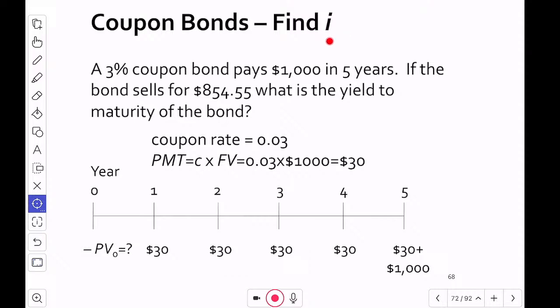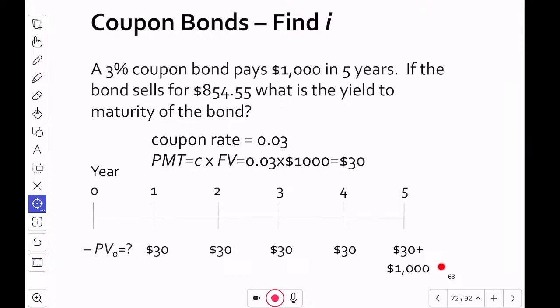Why do we want that? Well, if we're a prospective investor, we want to see what the yield is because we have a sense of what we want as a return on investment. And once we calculate that, we can determine if that's in our interest. So let's tease apart the variables. First, the coupon rate is 3%. That means $30 every period.